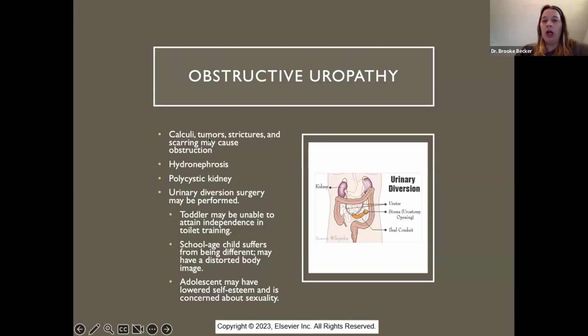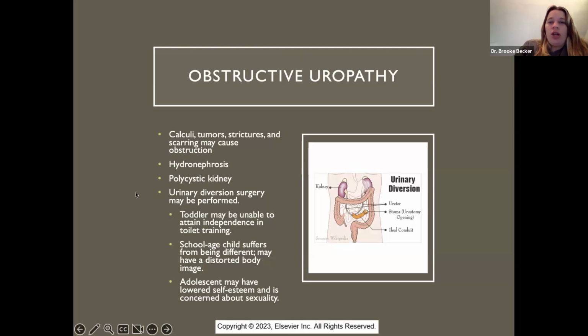So if there's a tumor on the ureter area, the urine is going to backflow to the kidneys, so the kidney is going to enlarge. Polycystic kidneys, a bunch of cysts on the kidneys, are also potentially a form of obstructive uropathy. That kidney is not going to function as it appropriately should.